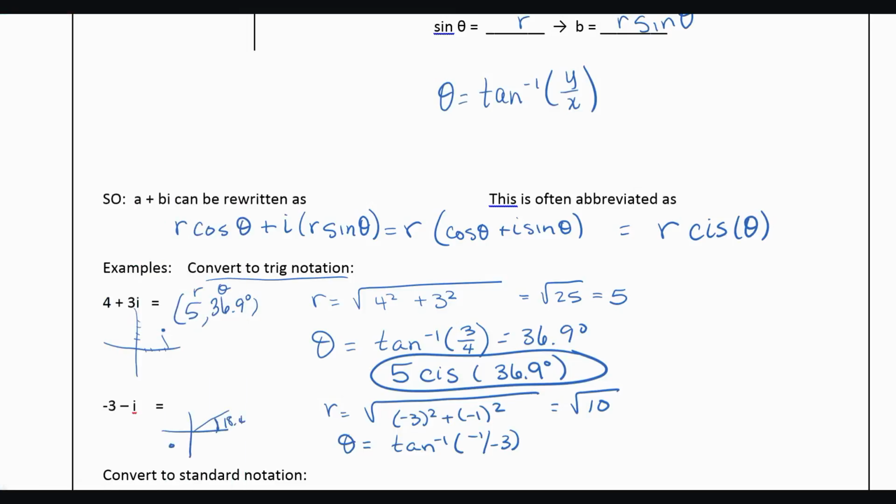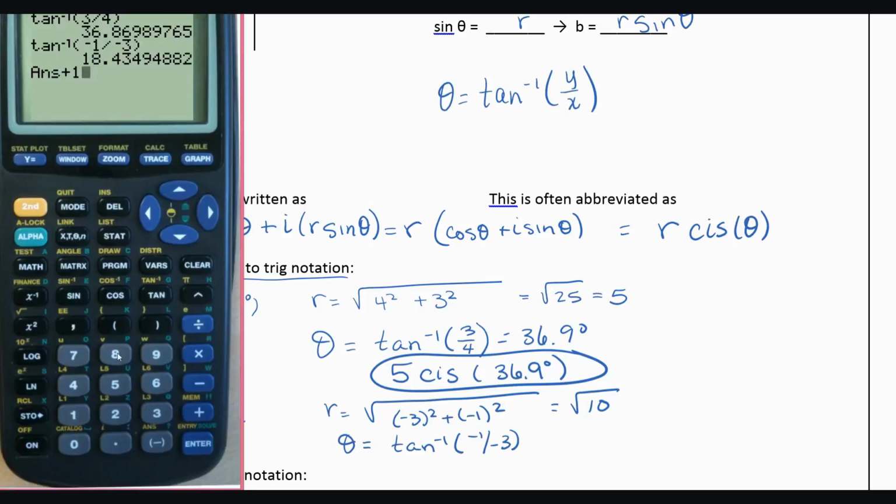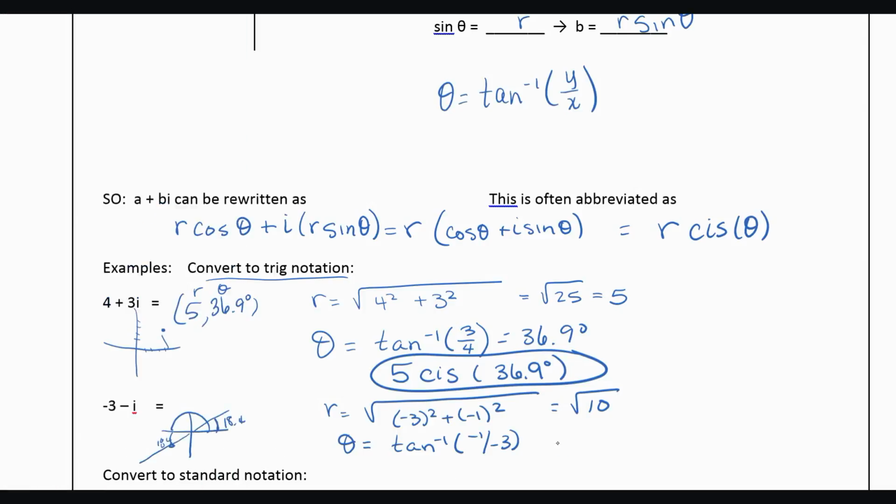But we want to be down here, so we want the reference angle, that's 18.4. So that'll be 180 plus 18.4, so that'll be 198.4. Okay, so we would write this as square root of 10 cis of 198.4 degrees.